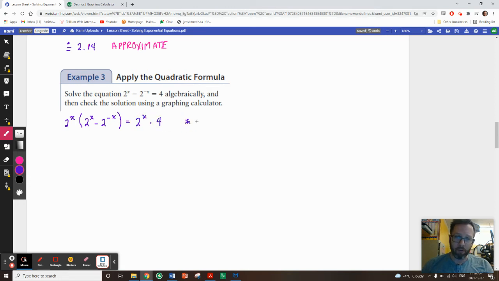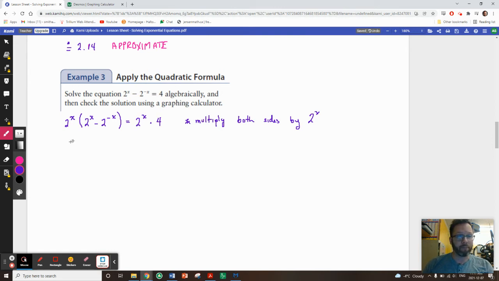So we multiply both sides by 2 to the power of x. So why did we do that? Well, just like multiplying an equation with fractions by a lowest common denominator clears the fractions, this will clear the negative exponents, and it's going to give us something that's easier to work with.